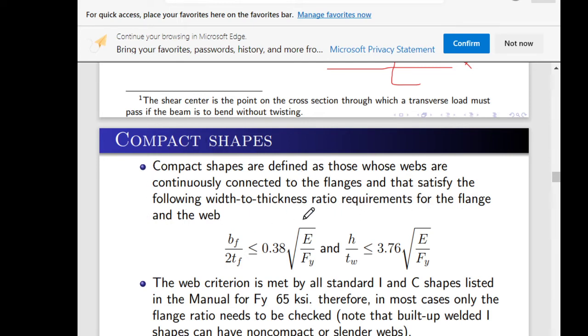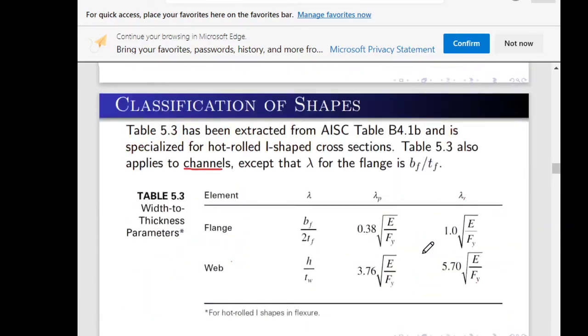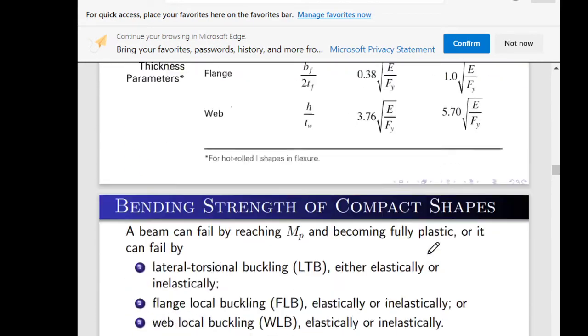So you already learned this one for the compact shapes. We have discussed this one in your compression members. Yes, so you have to get this one and then you compare with lambda sub p and lambda sub r.